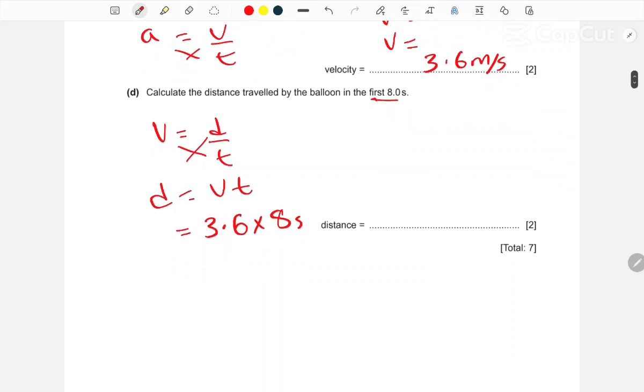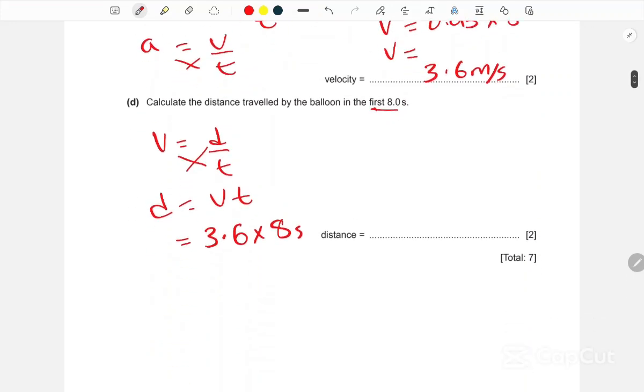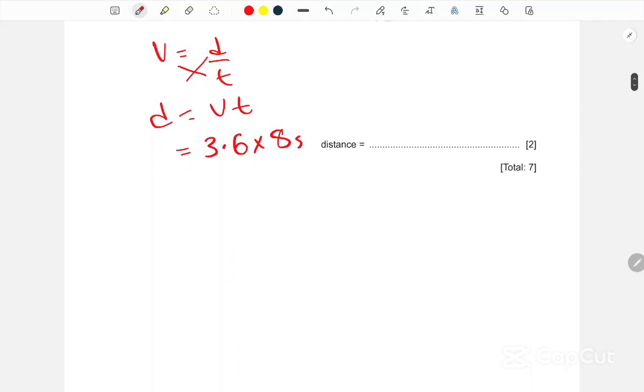But over here we have to be careful because we cannot use just 3.6 here, because from the previous question we know that we have a balloon and then it accelerated upwards to a final speed of 3.6 meters per second and from an initial speed of 0 meters per second.